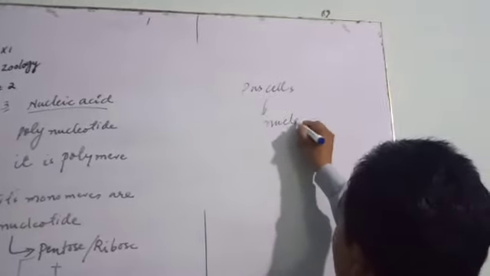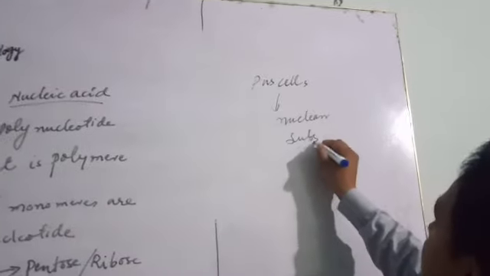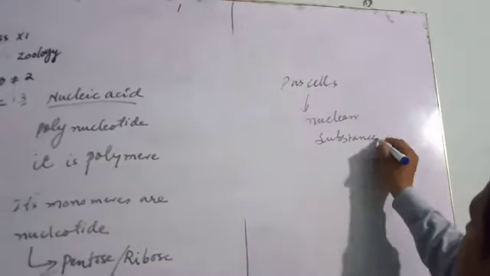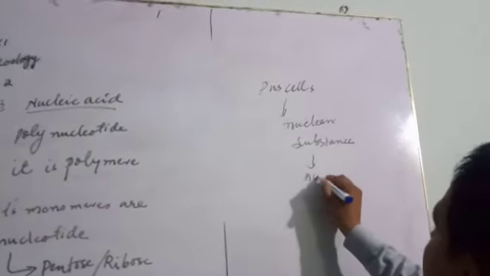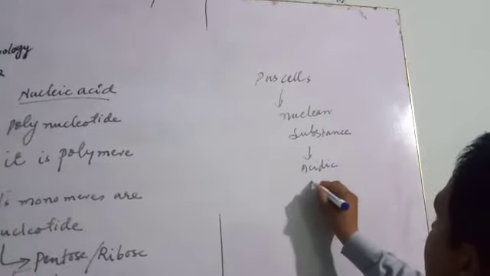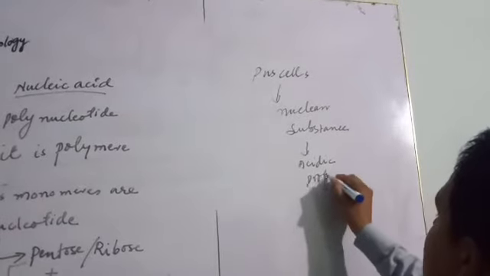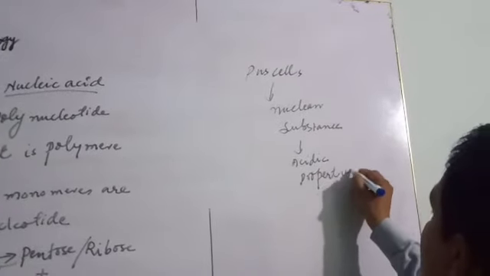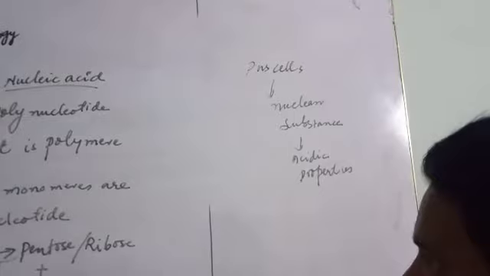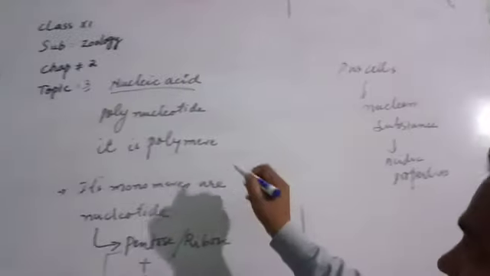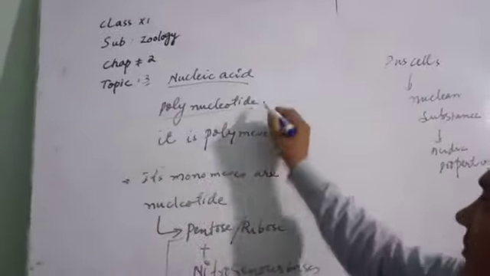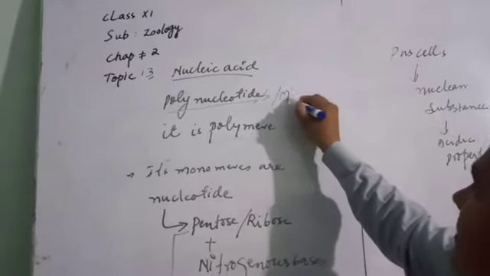From the pus cells, it was discovered that there is a substance called nuclein. It has acidic property, so it was named nucleic acid. Nucleic acid is composed of polynucleotide, meaning many nucleotides.